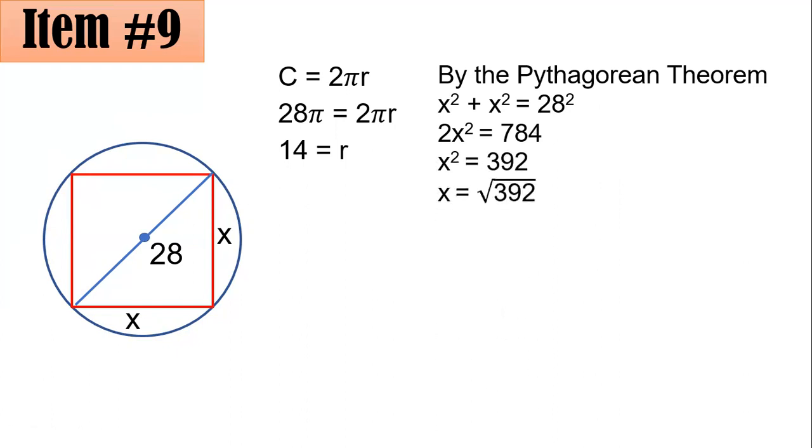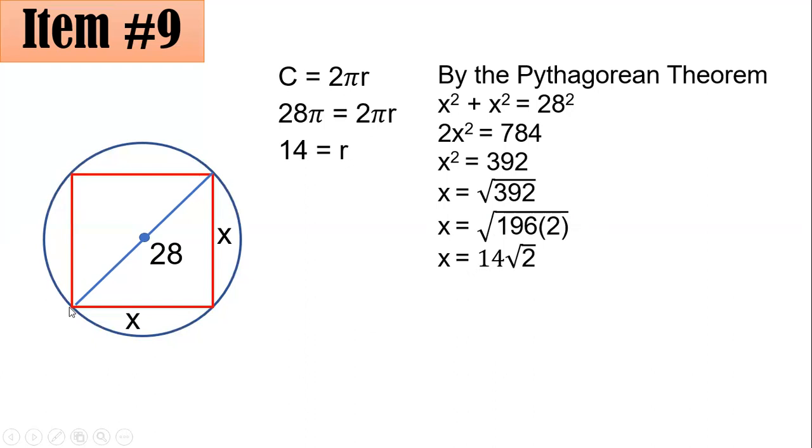And getting the principal square root of both sides, because we are just dealing with positive length, then we have x equals the square root of 392, which could be factored as 196 times 2. 196 is the square of 14. So if you take the square root of that, that would be this one. Hence, the value of x is 14 square root of 2.